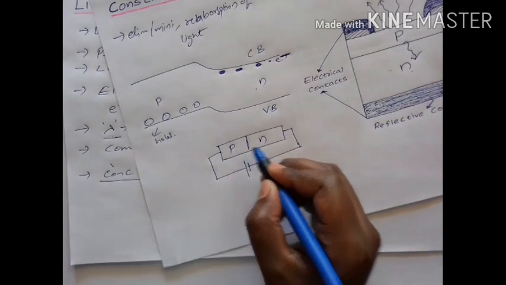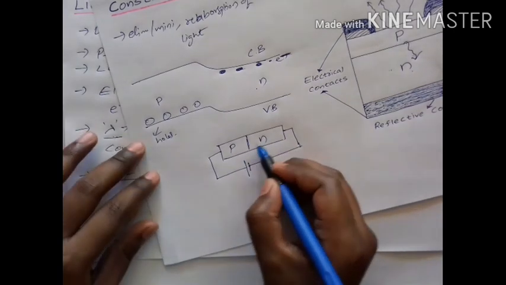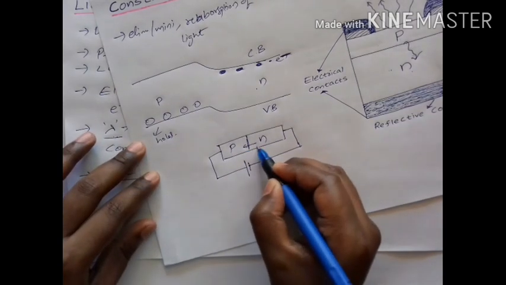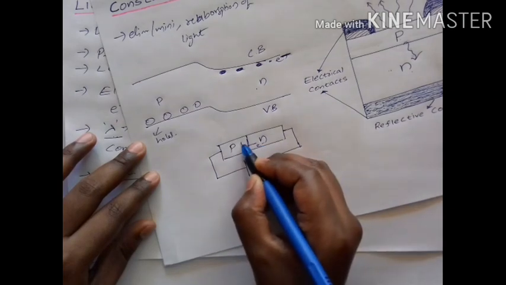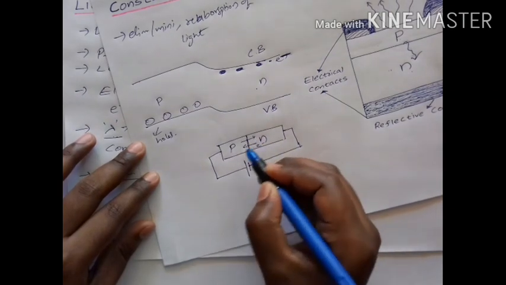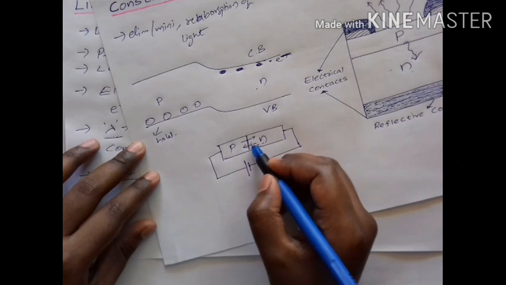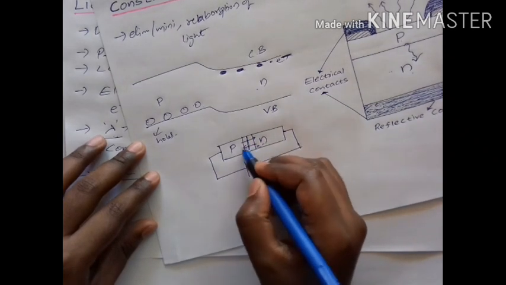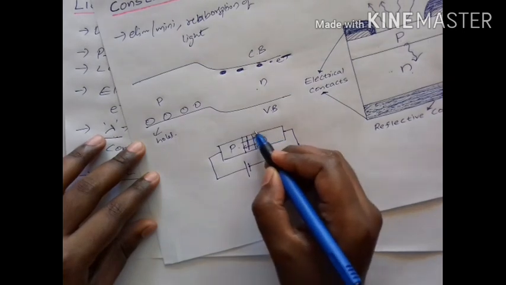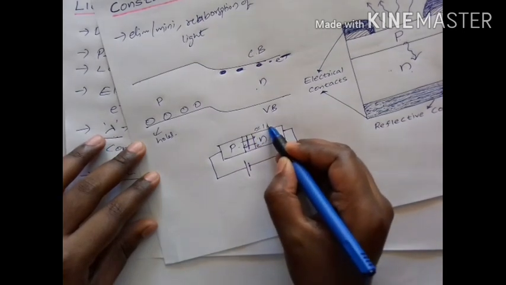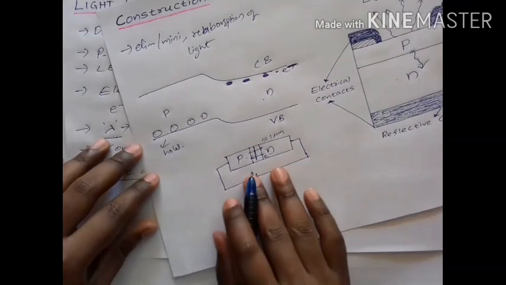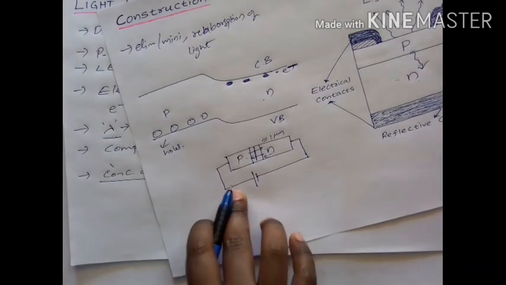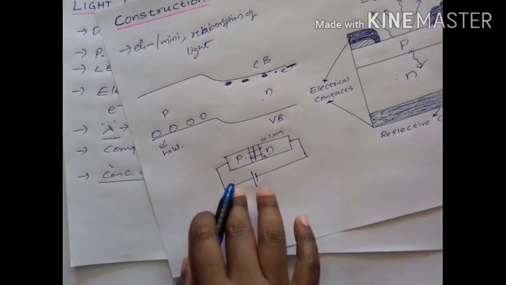The electrons in the n-type will diffuse towards the p-type, and the holes in the p-type will diffuse towards the n-type, and as a result, within a very short period of time, a depletion region is formed in a PN junction having a width of 1 micrometer. So this configuration is used in the LEDs.